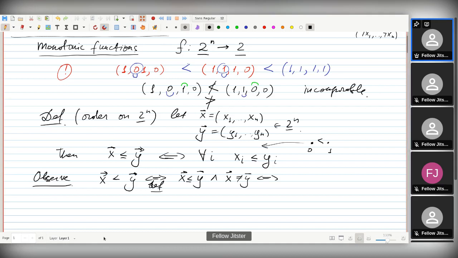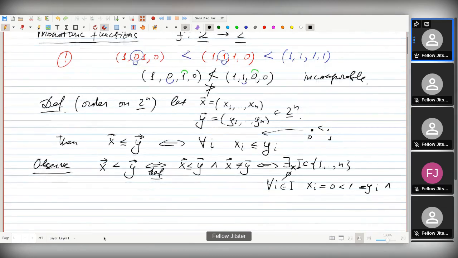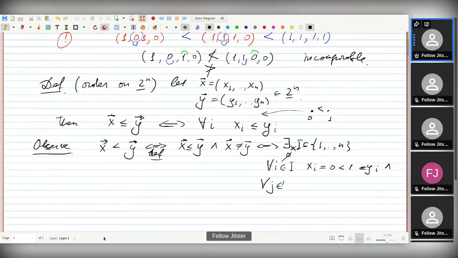We can easily prove that this means that there exists some non-empty set of indices I, such that for every index i from I, xi is 0, which is less than yi, which is 1, and for every j absent from this set I, xj equals yj.